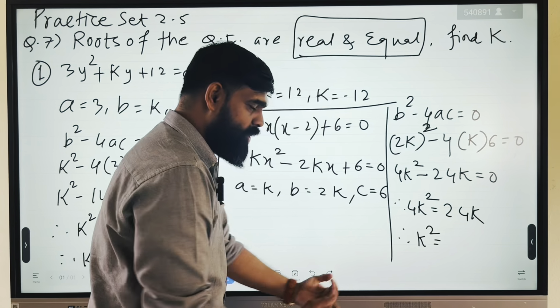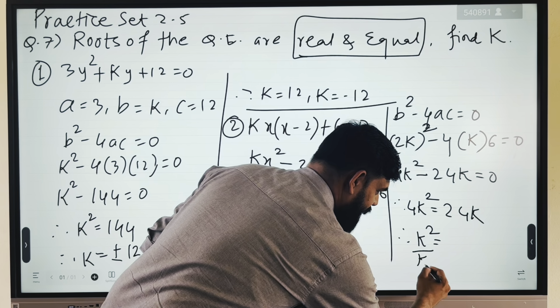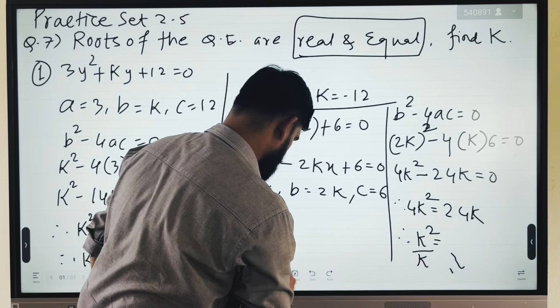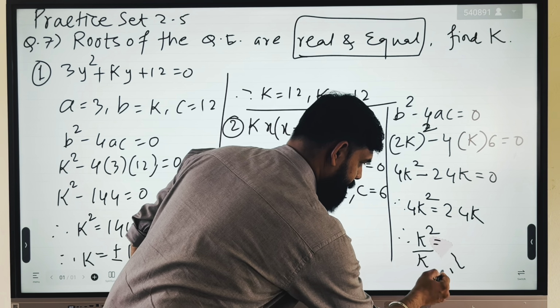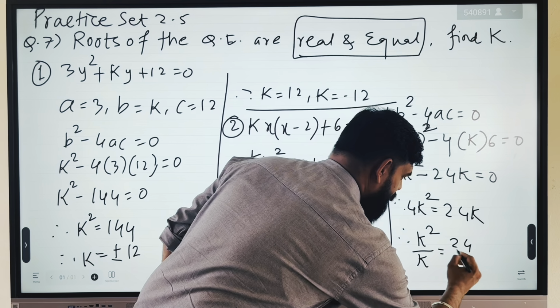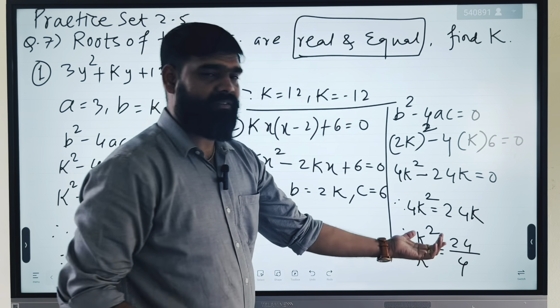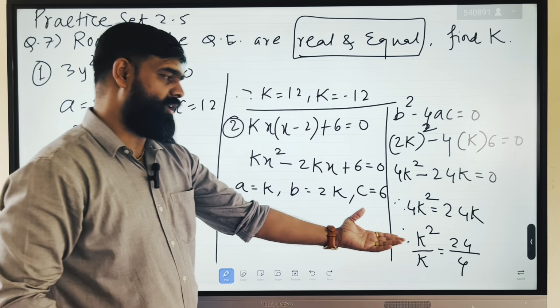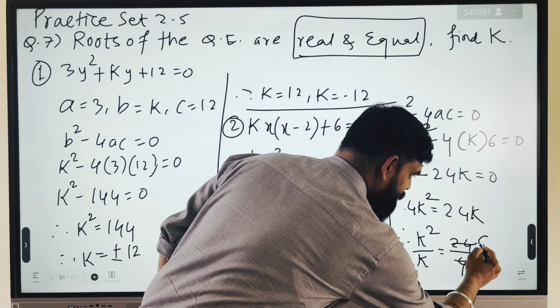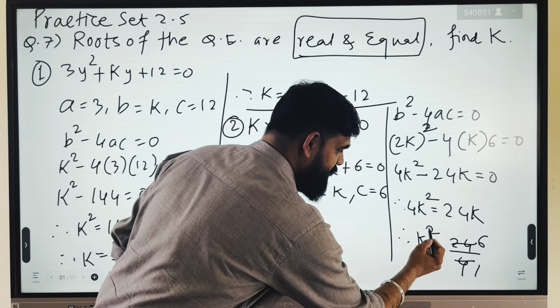Therefore, if we simplify this, let us take that k to the left hand side, this will be divided, so this will become 24 divided by 4. We have rearranged this equation. 4 1 is 4, 4 6 is 24. This k will get cancelled with this.